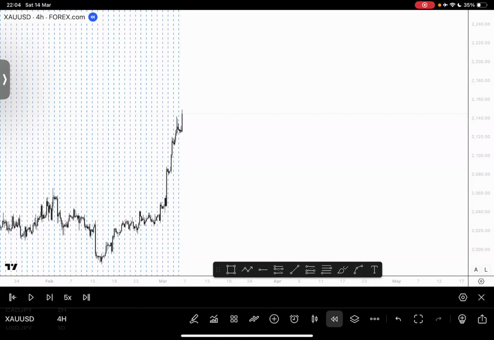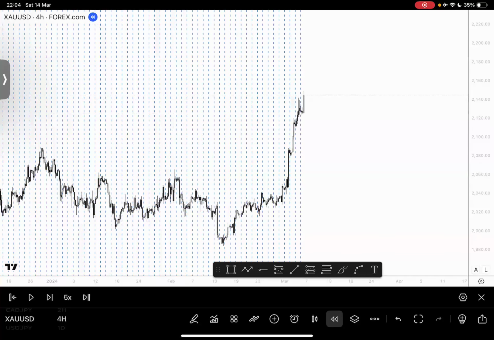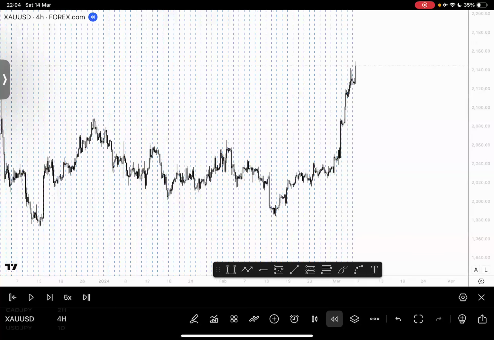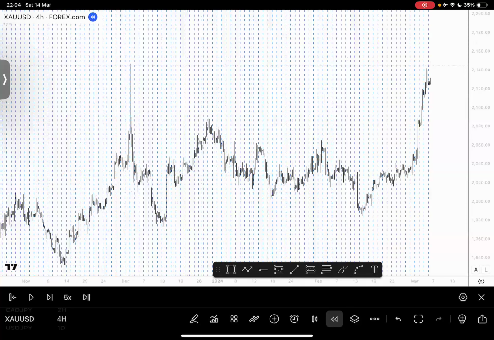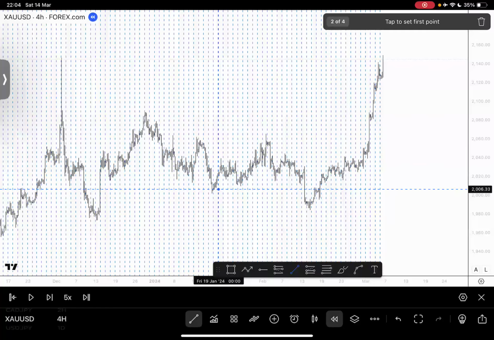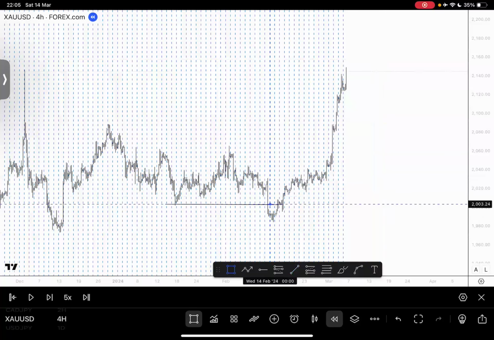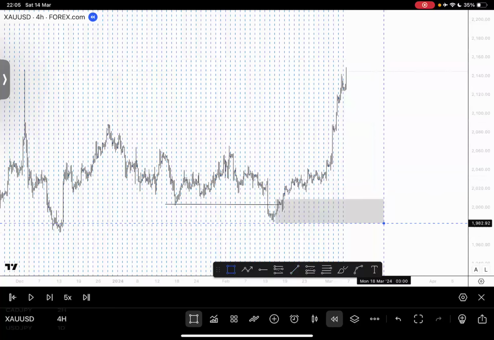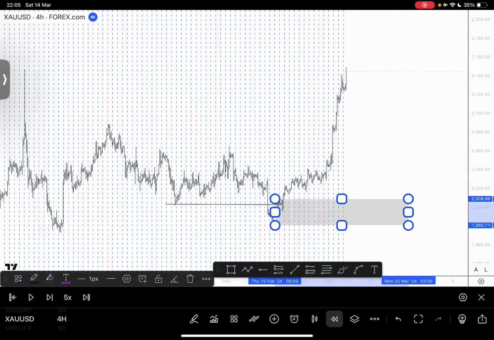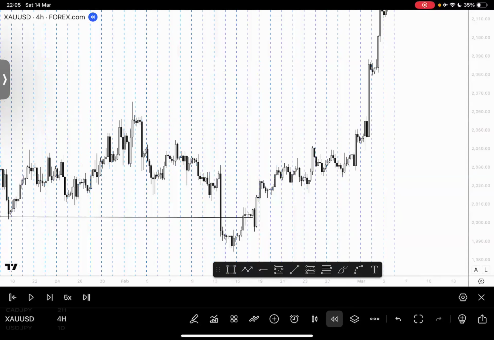Do not overtrade. If you have not studied gold, don't go and trade gold. Let's say someone likes trading sweep liquidity, sweep break and inducement. You mark out something like this and wait for price to come back, but it doesn't come back. You have your own way of trading it.